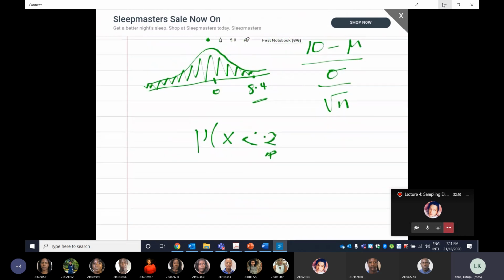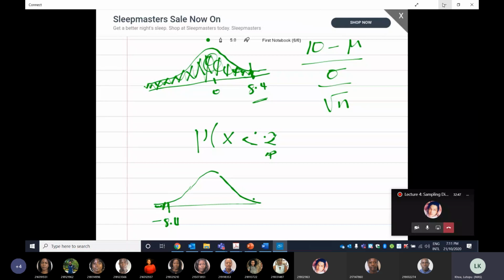Right, so like I was saying, we want to read this information here from our table. So we're looking for this area in green over here. Now our table gives us the area on the right. If we took negative 8.4 and read this area, that is what our table would give us.